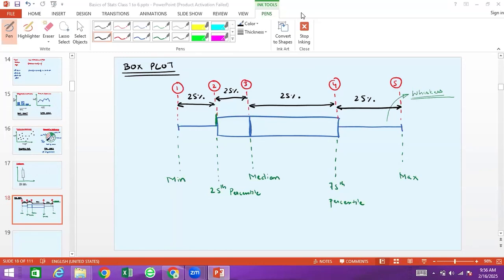Okay, to create a box plot, we will be needing a 5-point summary, right? What is the 5-point summary that we have? It means that you should know the minimum value, the maximum value, the median value, and the 25th percentile and the 75th percentile. Always imagine a box plot like this.